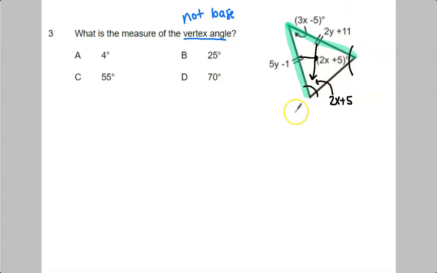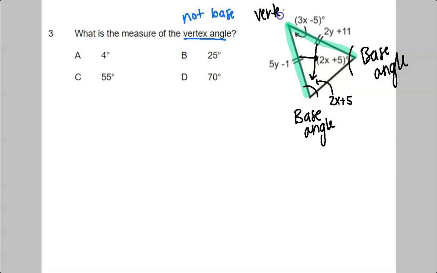All right, so these angles that are congruent, these are what we call the base angles. Which means that this top angle here that's not congruent to the other two, this top angle is your vertex angle.